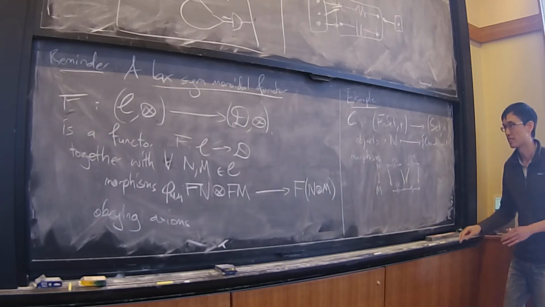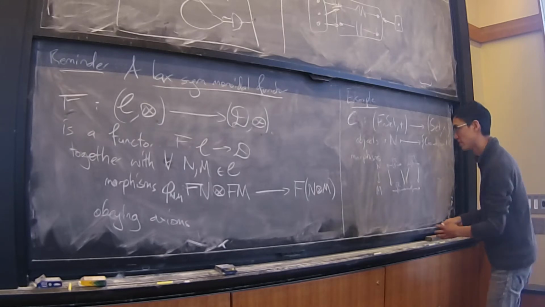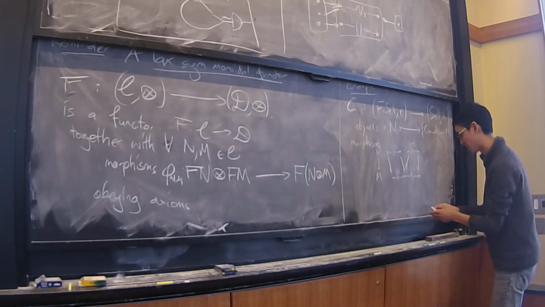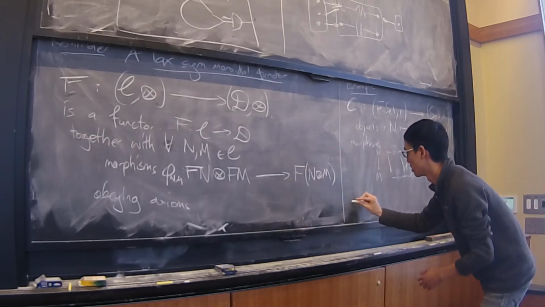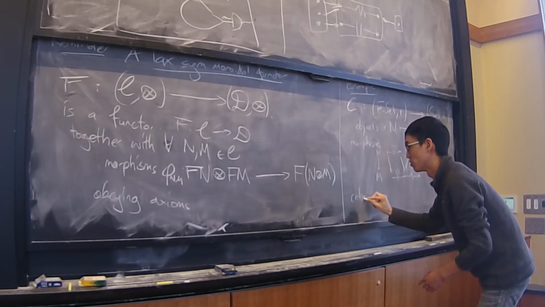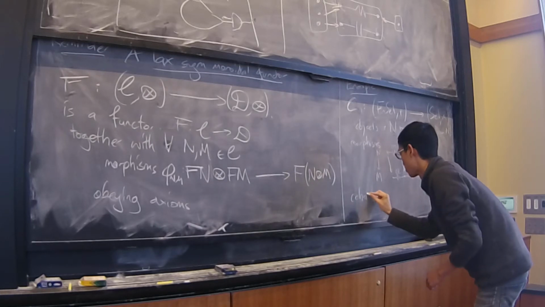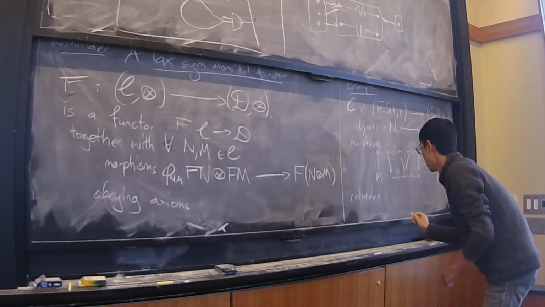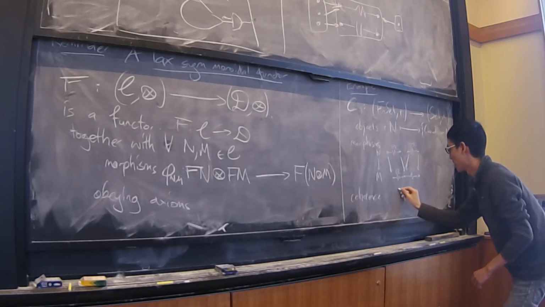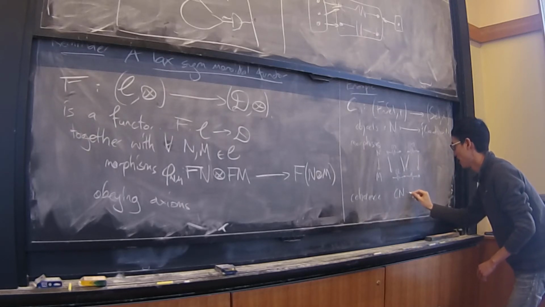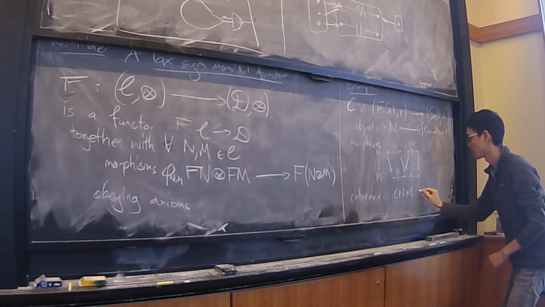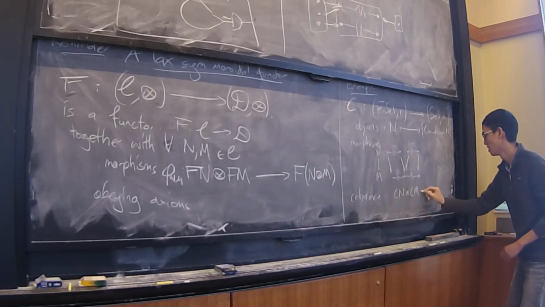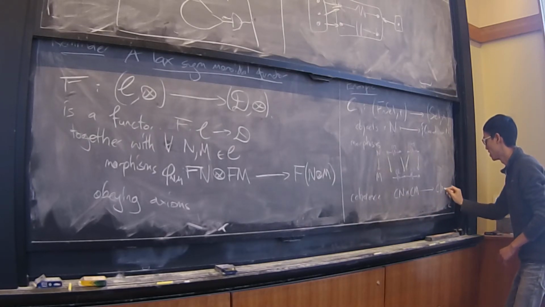You can check it's a monoidal functor. We're going to call this map phi the coherence map. The coherence map needs to take circuits on n and circuits on m, where our monoidal product here is times, so we have a circuit on n and a circuit on m, and we're just going to map it to a circuit on n plus m.